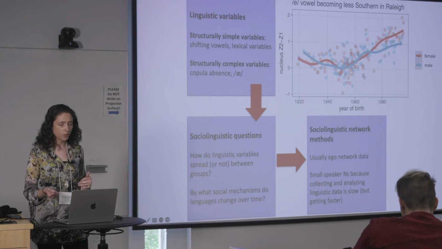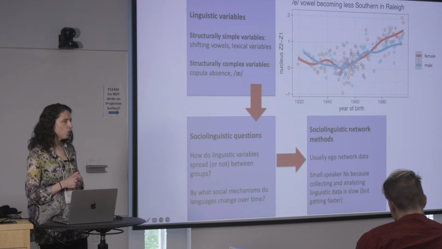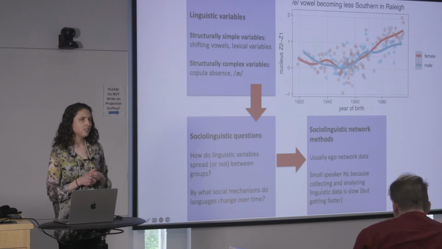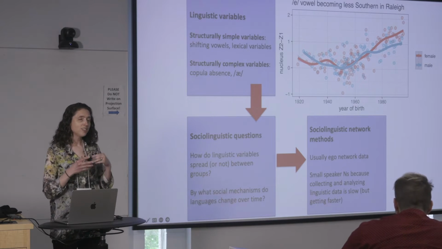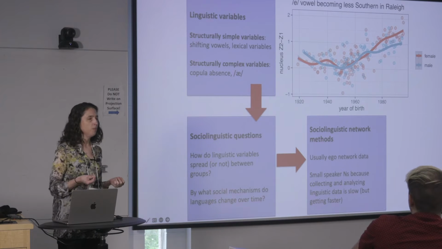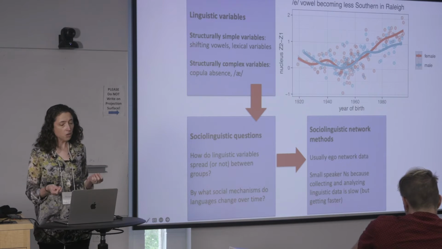We usually use ego network data, and our Ns are usually really small, and that's because it takes forever to collect and analyze linguistic data. So that's getting faster with better and better automated methods. It's still really, really slow.